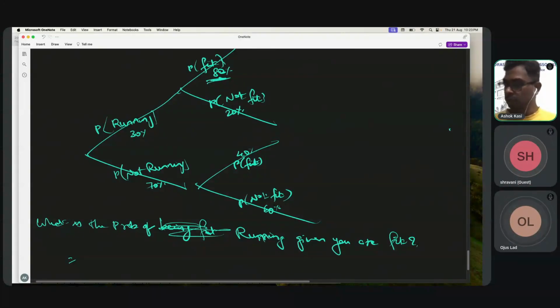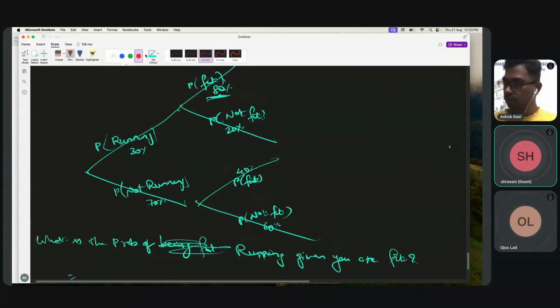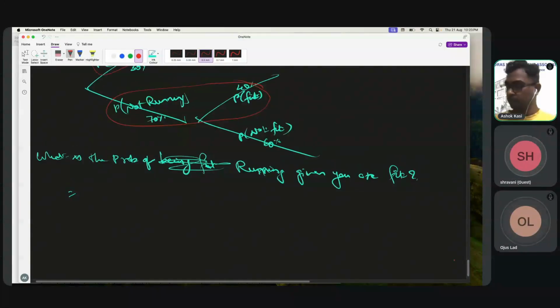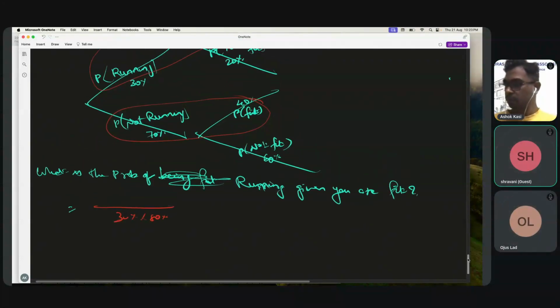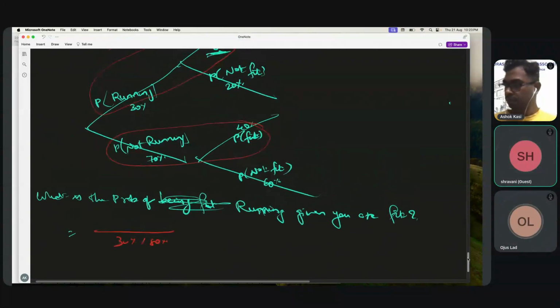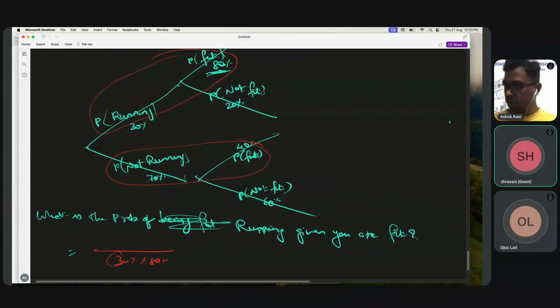So unconditional will be this entire thing as well as this entire thing. Both the sides fit I will take. So it is 30% into 80% plus 70% into 40%.